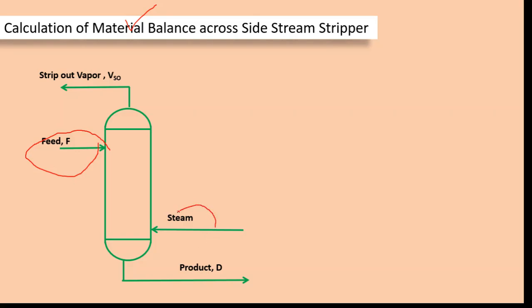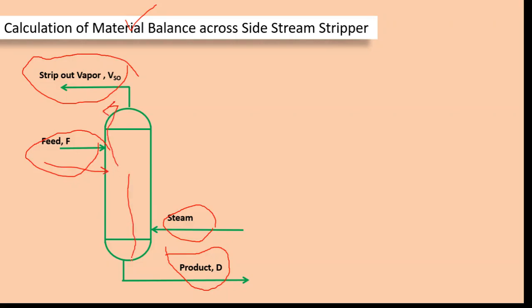Then with the help of steam, the lighter fractions, that is the strip-out vapor, are recovered from the top, and the remaining material, the product in liquid form, is recovered from the bottom. So feed is entering, the lighter fraction is recovered from the top as vapor, and the liquid product is recovered from the bottom. That is the first thing happening in the stripper.